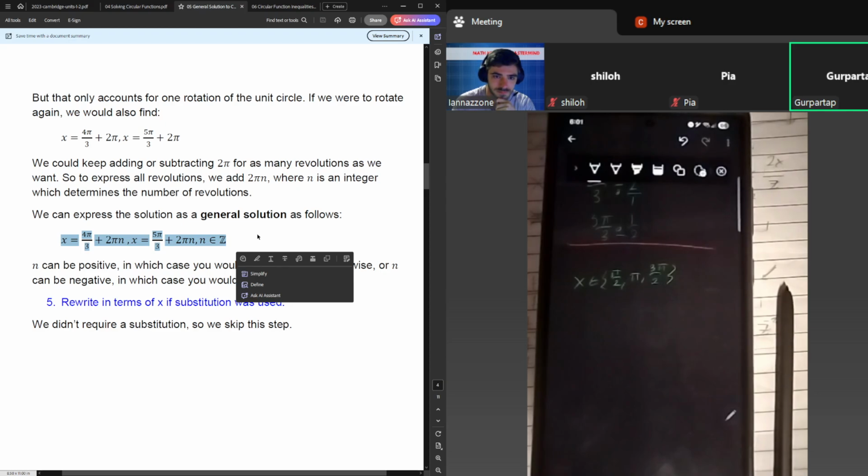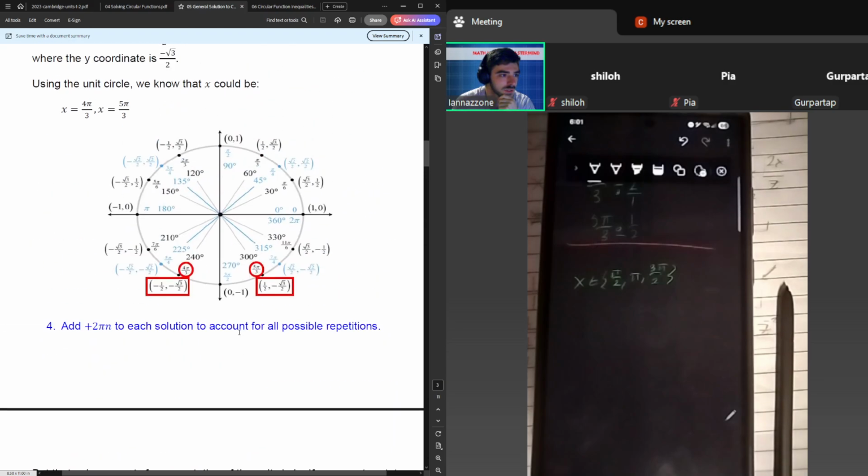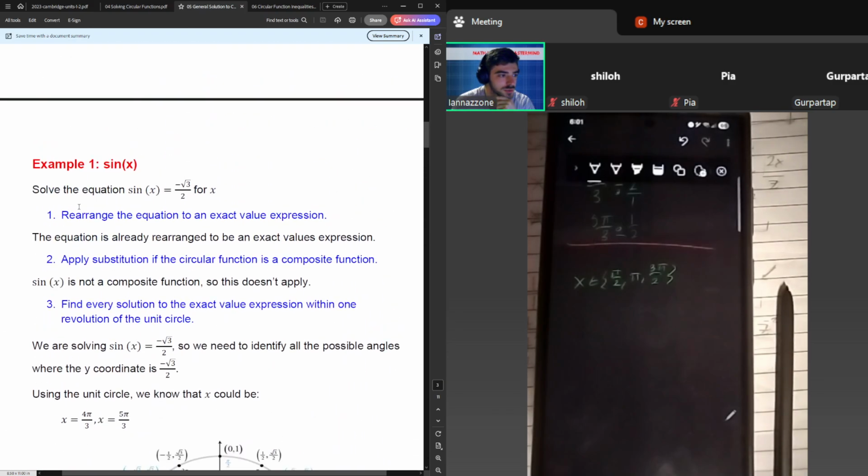Chris? Yep. So every time we don't have a domain, we have to put on the 2 pi n. Well, it depends on how the question is worded, of course, but if it's worded like this, just solve the circular function for x, if there's no domain associated with it, then yeah, you give the general solution.